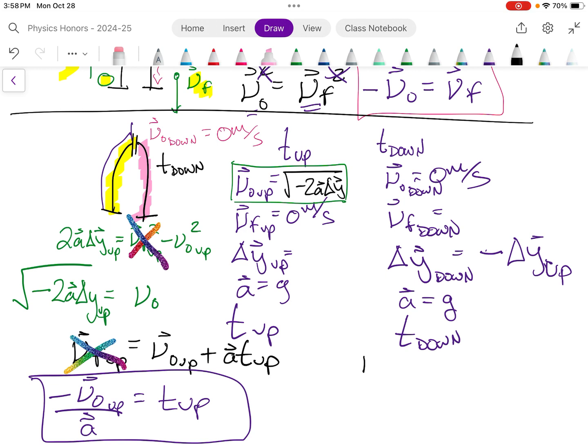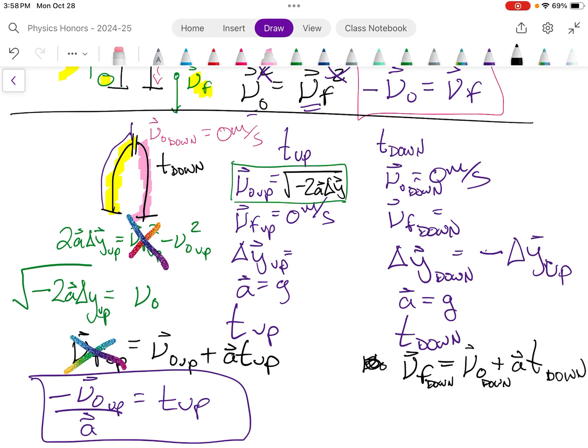Oh no. What was the equation I wanted to use? vf equals vo plus a t. And this is vf down, vo down, and time down.